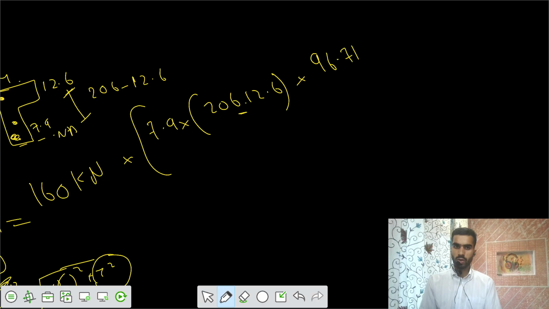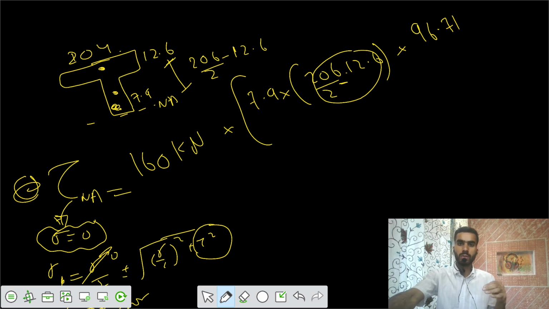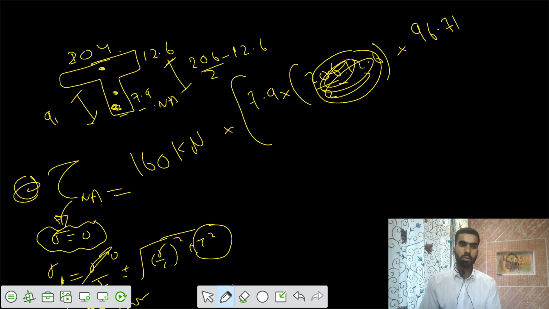Actually, this is 206 by 2. If you solve this part, this value is 206 by 2 minus, 206 by 2 minus 12.6, that's 90.4. So its centroid would be at 90.4 divided by 2 about the neutral axis.